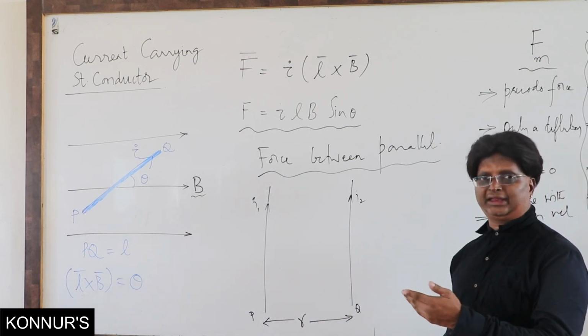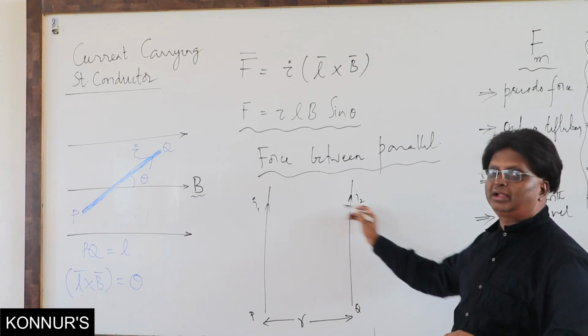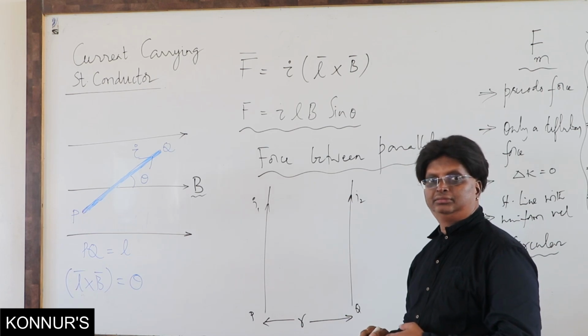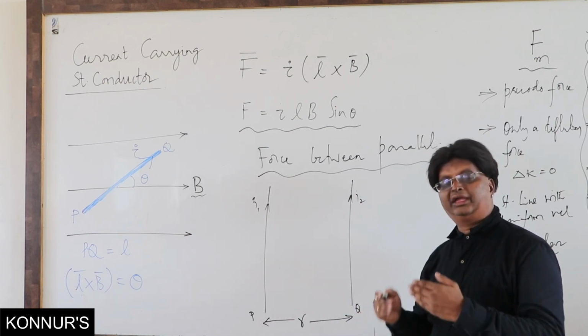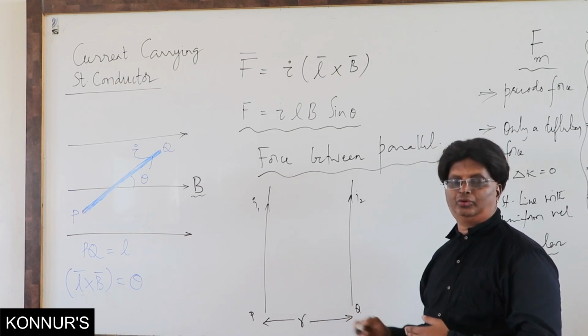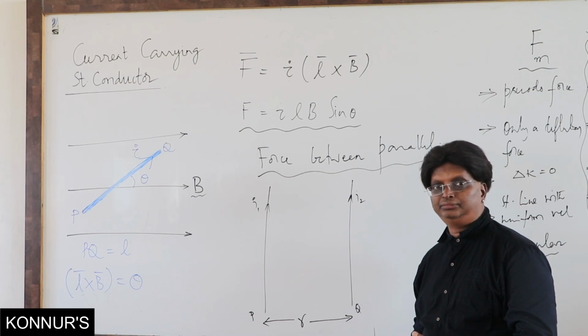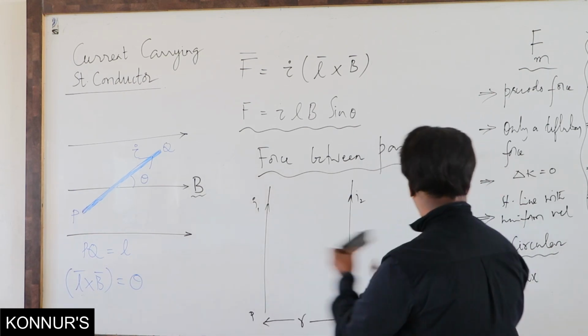Let us see what is the direction and all. Similarly, Q also produces a magnetic field around it, and in that field P is a current carrying conductor. Therefore, P also experiences magnetic force. Natural, it becomes action reaction pair. F12, F21, like that action reaction pairs will appear now.